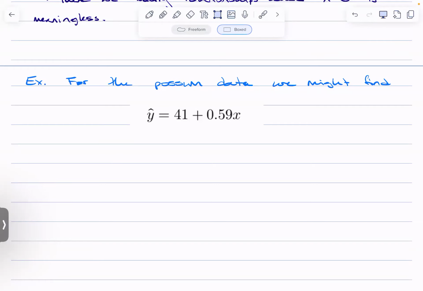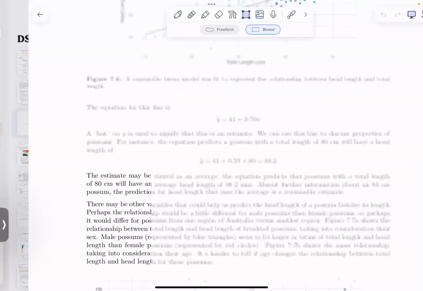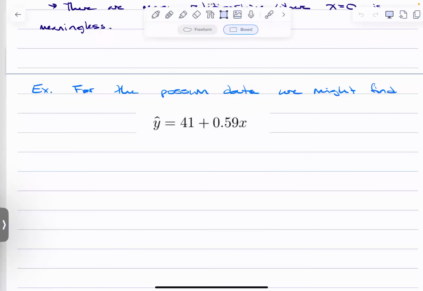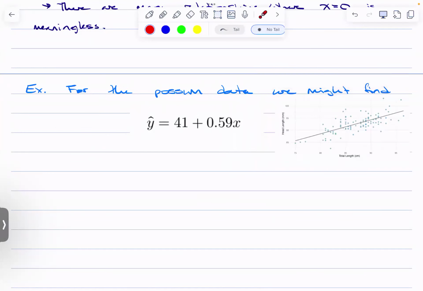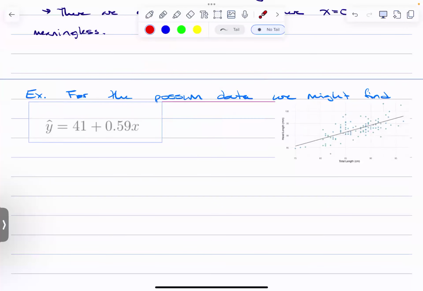We can rewrite this by replacing your y with the head length and your x with the total length. We do that often as a way of making the equation easier to read.